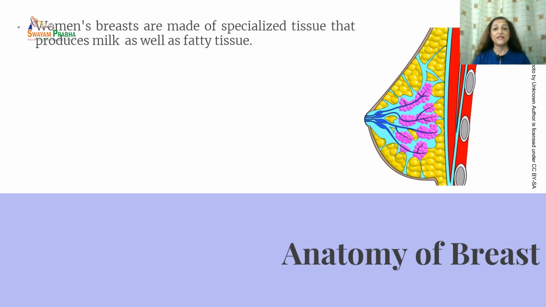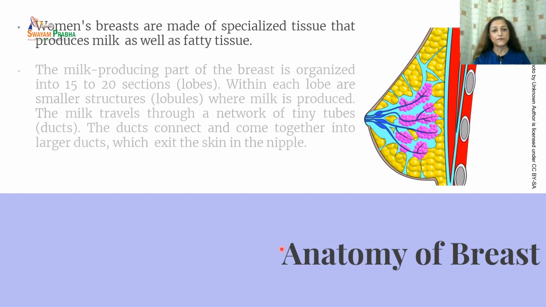Women's breasts are made up of specialized tissue which produces milk. We call them glandular tissues, and along with that it also contains fatty tissues. As we can see in this figure, the purple ones are the glandular tissues, which are the milk producing tissues, and the yellow ones are the fatty tissues.